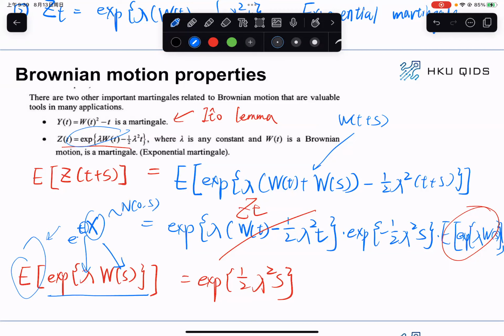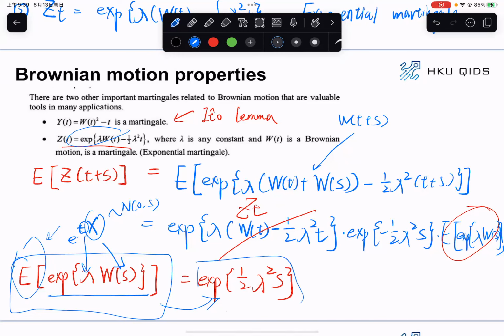So we can convert the whole part into its moment generating function, which is exponential 1/2 lambda squared multiplied by S. And we can see this part cancels out with this part. So we prove this thing is equal to Z_T, because we only have Z_T left. And thus, Z_T is a martingale.